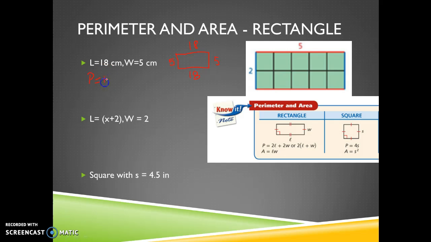So basically we'll have 18 plus 18 plus 5 plus 5. 18 plus 18 is 36. 5 and 5 is 10, so 36 and 10 is going to give us 46 centimeters. And don't forget your units.